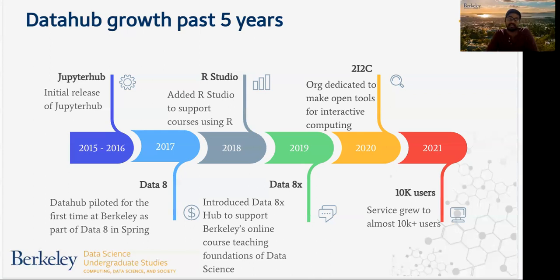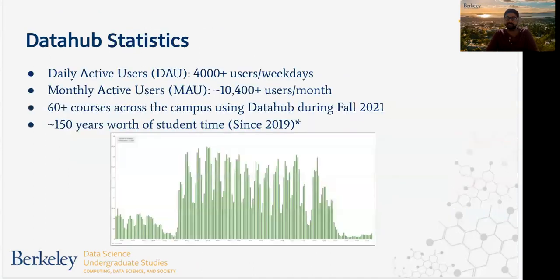They currently work with universities and community colleges to deploy Jupyter hubs, helping colleges that don't have the technical capability or the resources to set up these environments. And after the pandemic, a lot of instructors started adopting Datahub. As I'm talking, we have almost 10,000 users using this tool on a regular basis.